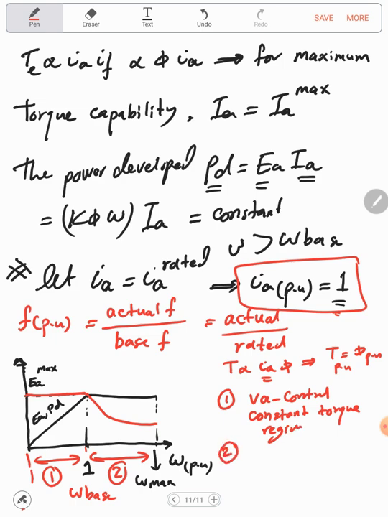And for region number 2, which is the flux control, this is the constant power region.